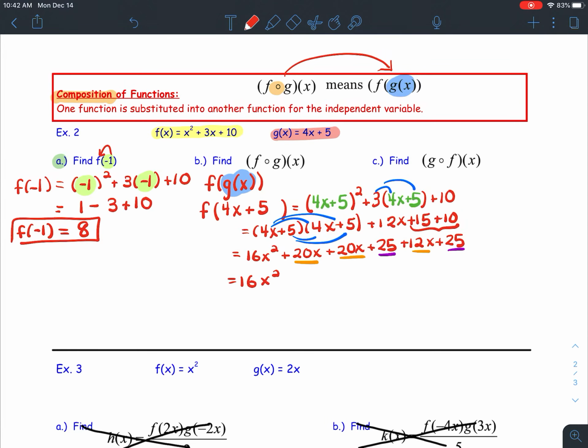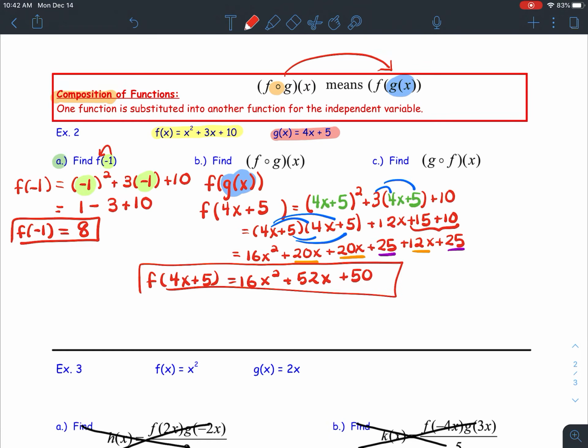We have 16x squared plus 52x plus 50, and I'm going to label that f of 4x plus 5. So essentially what we did is we took equation G and we substituted equation G into equation F for all the x's. Whatever's on the right gets plugged into the equation on the left. Again, it works from right to left, which is a little bit unnatural here.